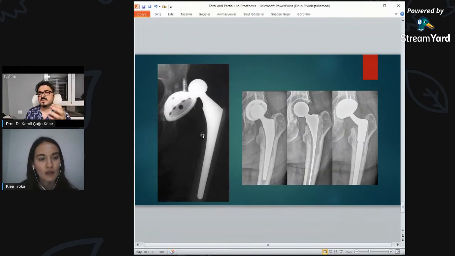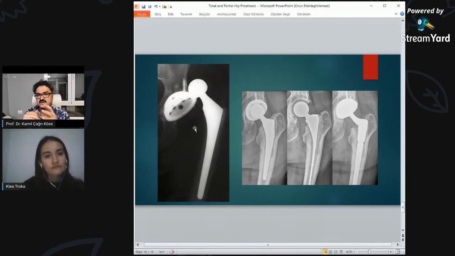So, I mean, dislocation is a very rare complication of hip surgery. In dislocated hips, there can be patient-related factors. We don't want the patients to do some movements in the very early post-operative period.